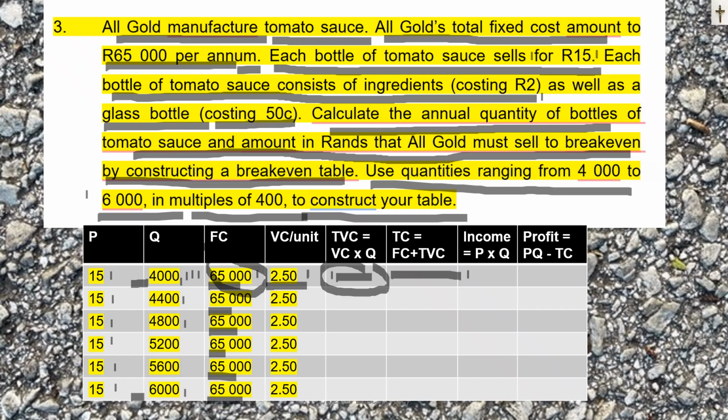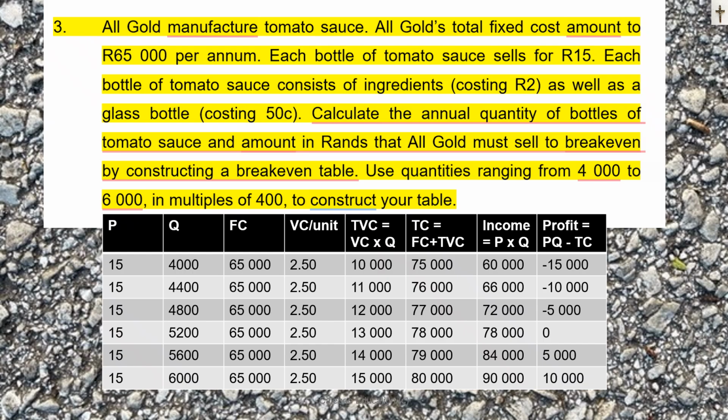The income that we're going to get is price multiplied by quantity. So price multiplied by quantity will give you the sales figure, income. And the profit is sales less the total costs. So the income from sales less the total costs is going to give you the profit.